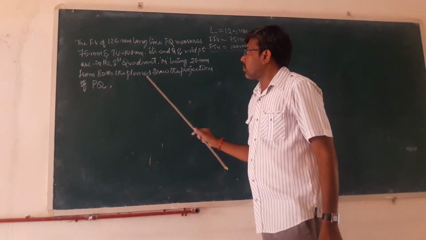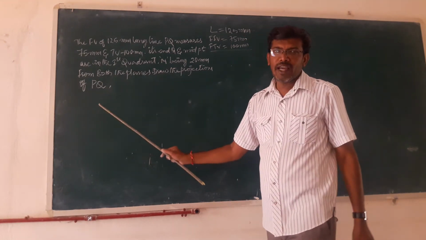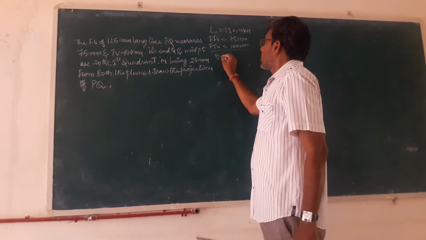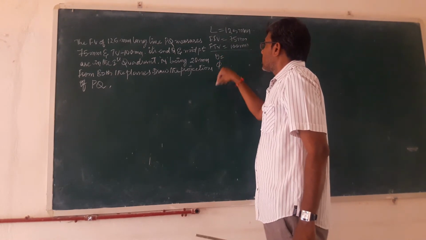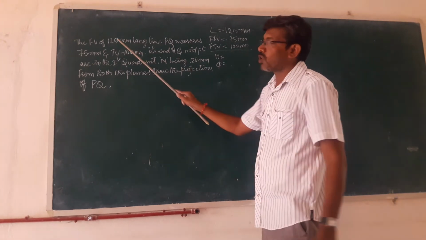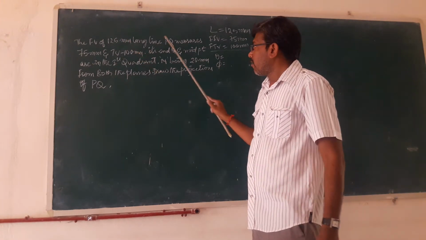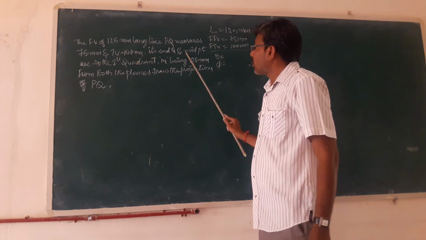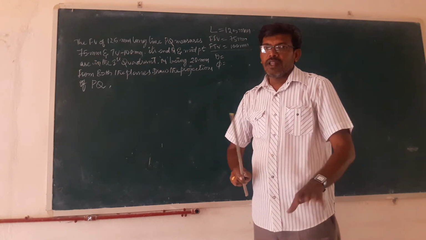And here, from both the planes, draw the projections of line PQ, and you have to find out the inclination with the horizontal plane, inclination with the vertical plane, and we have the data: original length of line, final front view length, final top view length, and midpoint positions are also there.